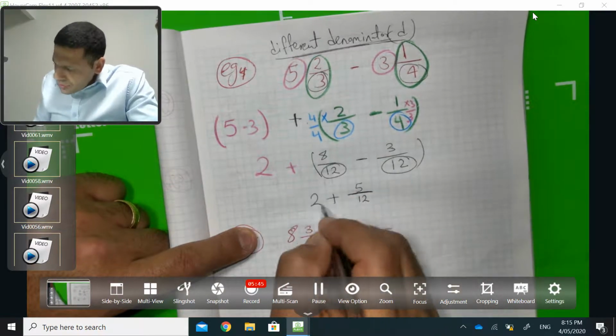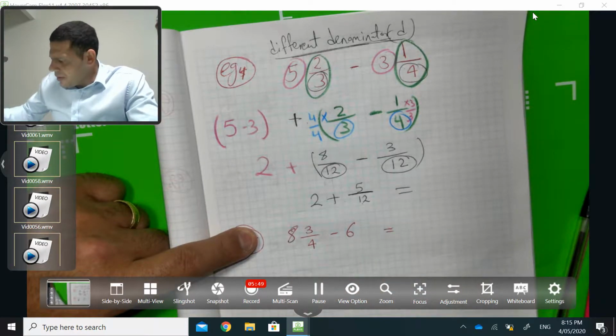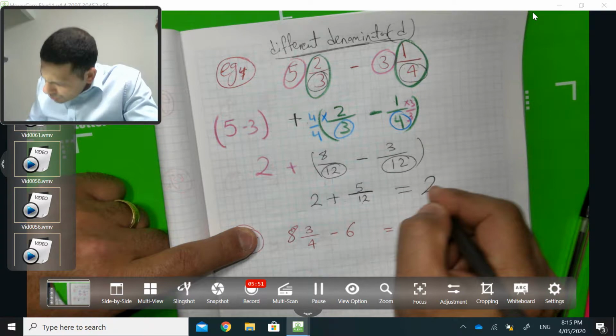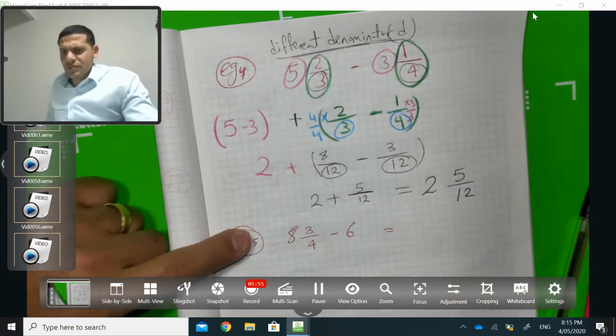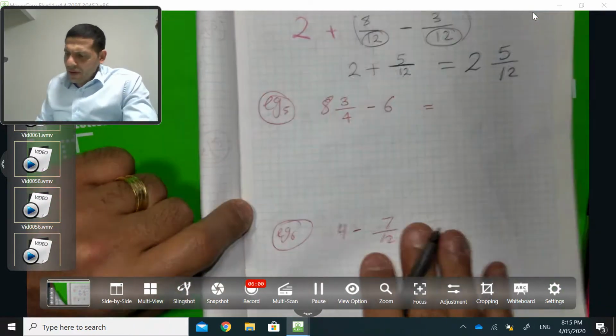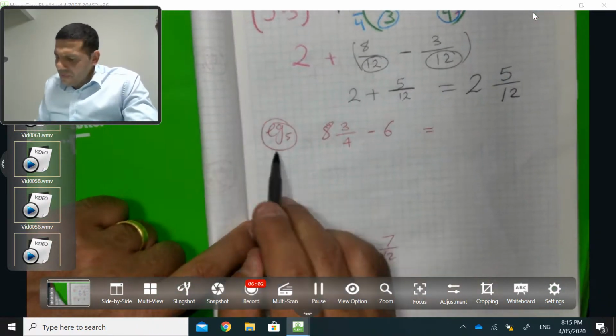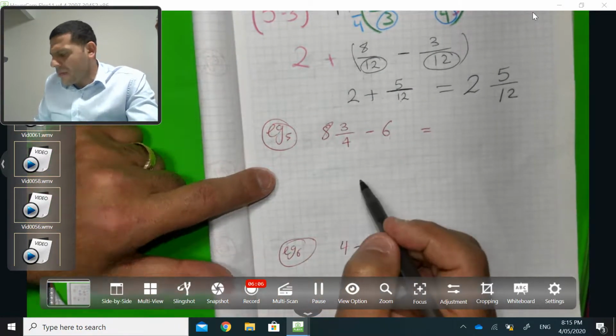And here 2 plus 5 over 12 will be 2, 5 over 12. Okay guys, just write it, 2, 5 over 12. We move on to the fifth one, 8, 3 over 4 minus 6.